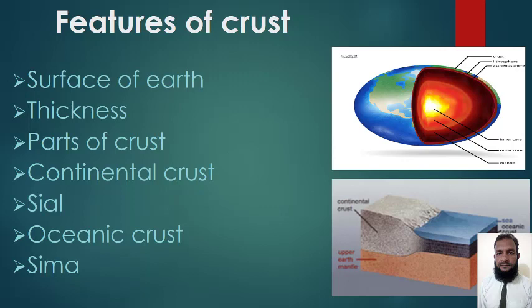Oceanic crust is made up of three minerals: silicon, iron and magnesium. So S is taken from silicon, I from iron and M for magnesium. So it is called seema.